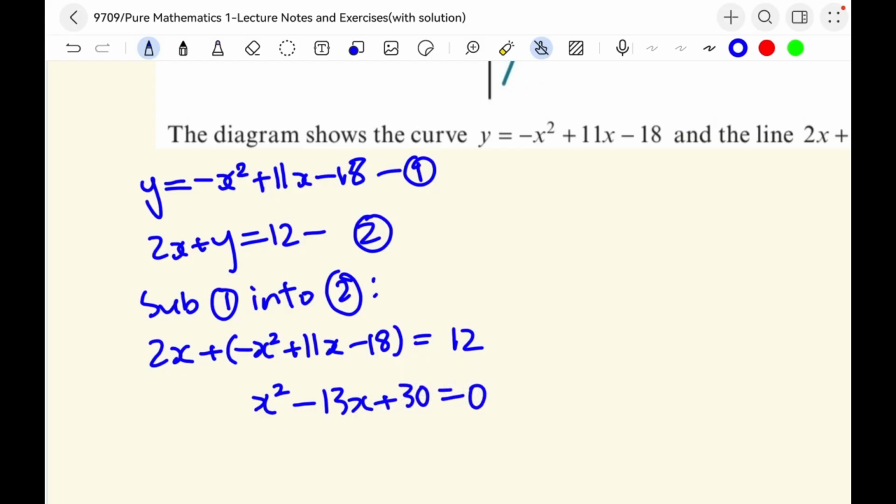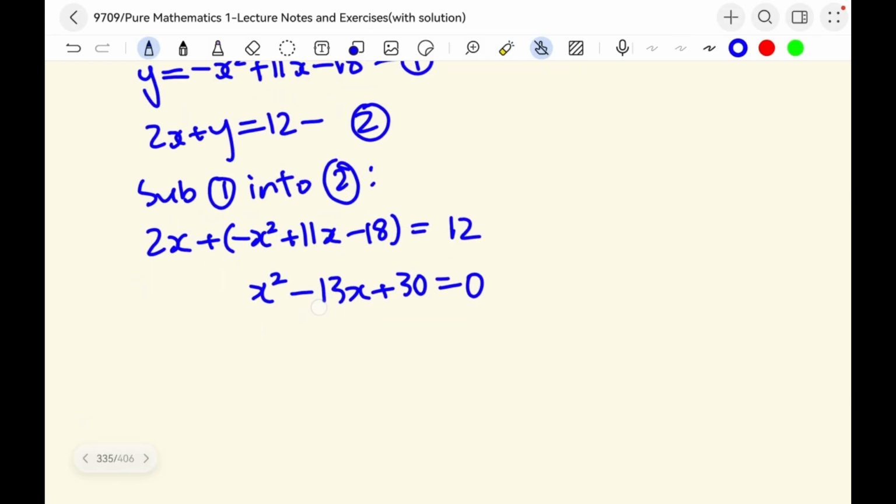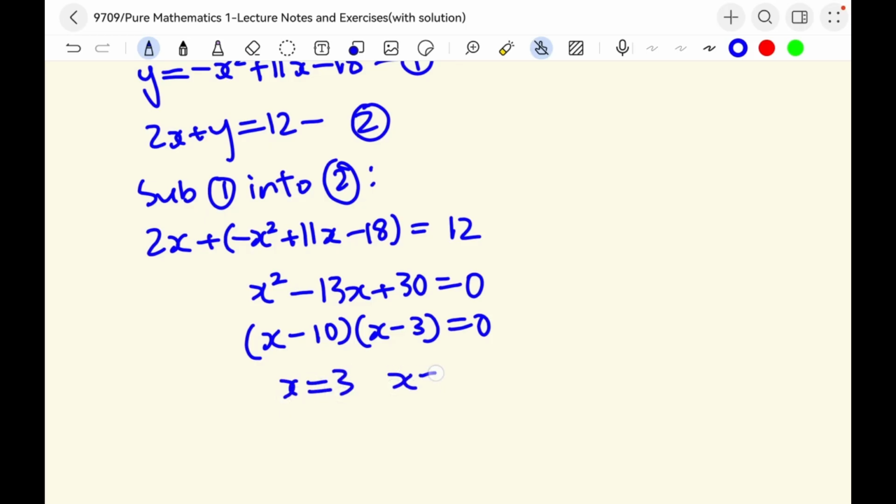Now solve the quadratic equation over here. You will get x equals 3 and 10. So what does this mean?